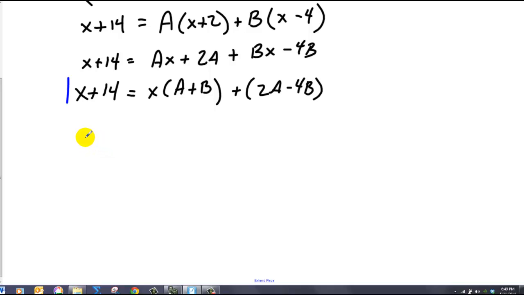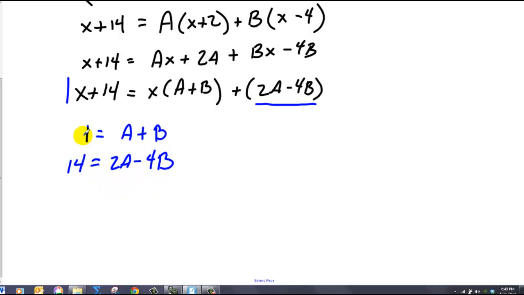So therefore, I can state that 1 is equal to the quantity a plus b. Likewise, I have a constant term on the left side of 14, and my constants on the right side are 2a minus 4b. So I can say that 14 is equivalent to 2a minus 4b.